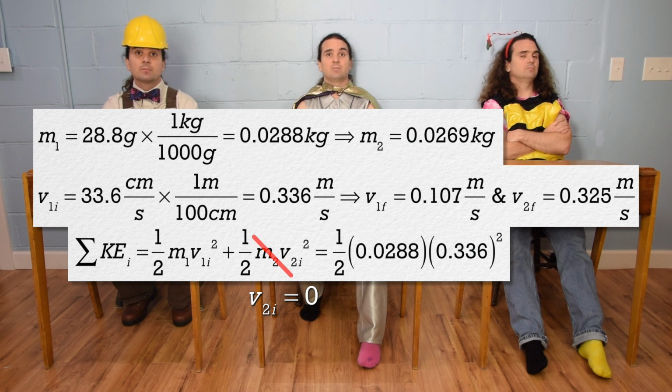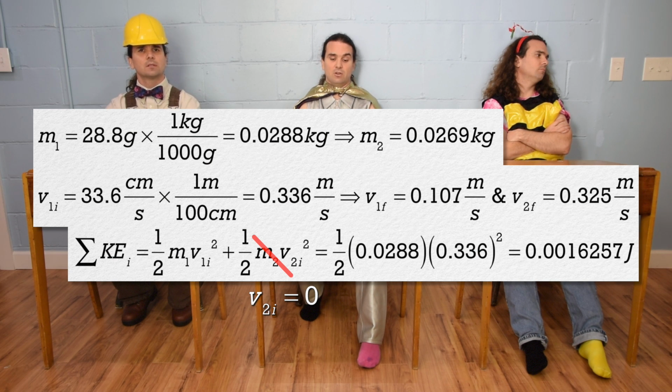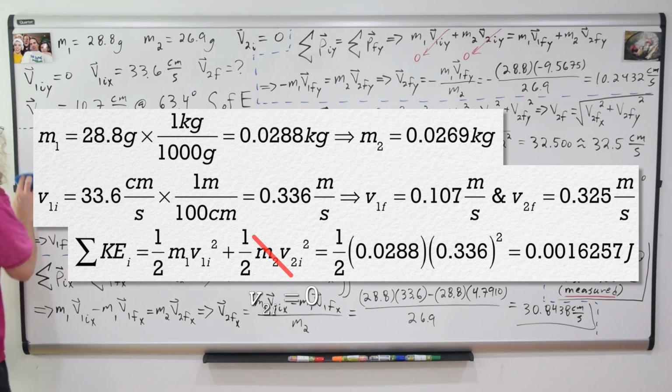So 1/2 times the mass of disk 1 times the initial velocity of disk 1 squared, or 1/2 times 0.0288 times 0.336 squared, which is 0.0016257 joules.